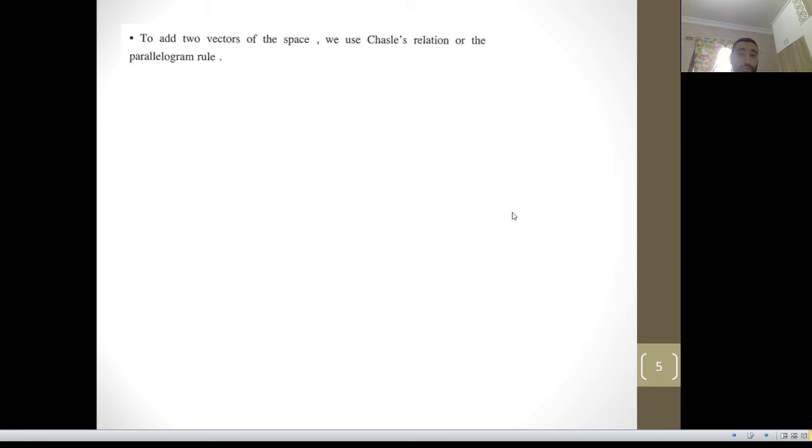To add two vectors of the space, we use Chasles relation or parallelogram rule. هدول اثنين relations اللي هن Chasles relation, parallelogram rule, you took them before, maybe in grade 9 أو in grade 10. Chasles relation شو بقول؟ إذا عندي vector U وvector V مثلا, I can join them together but keeping the same sense and direction like this.